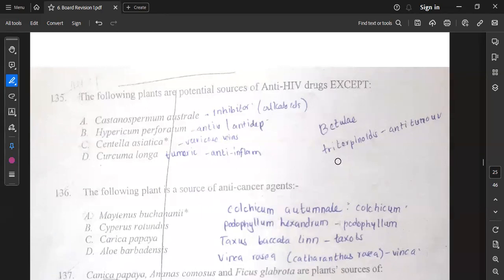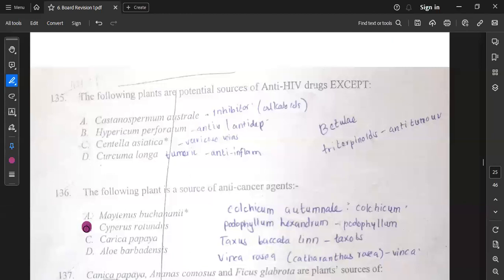Someone can look it up. Cyperus rotundus is used for diarrhea, diabetes, psoriasis, inflammation, malaria, and stomach and bowel disorders.